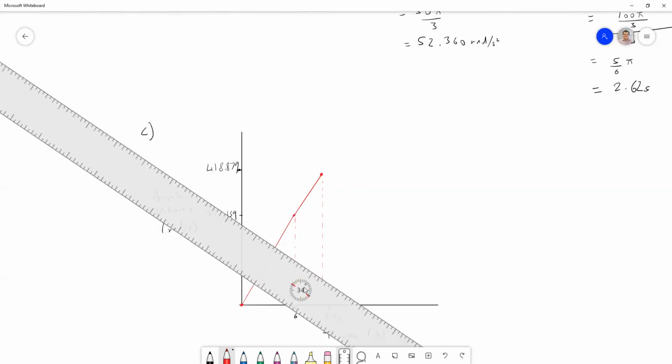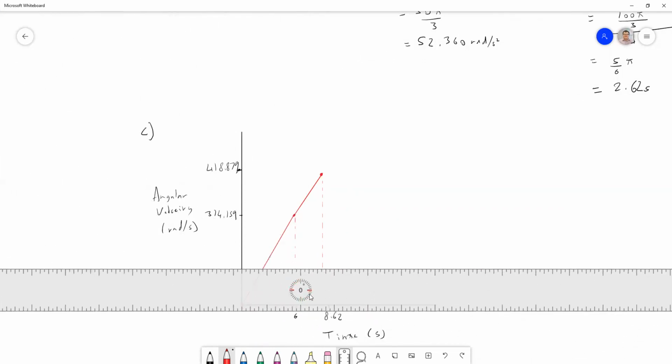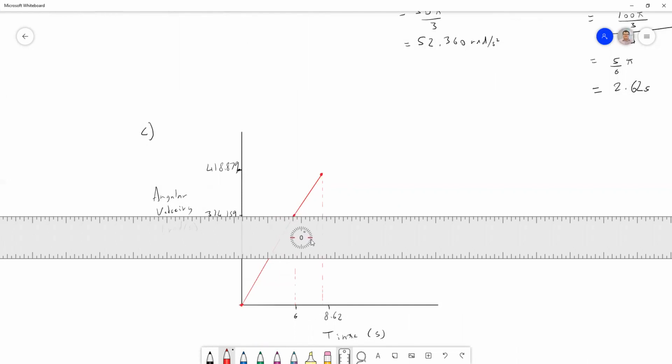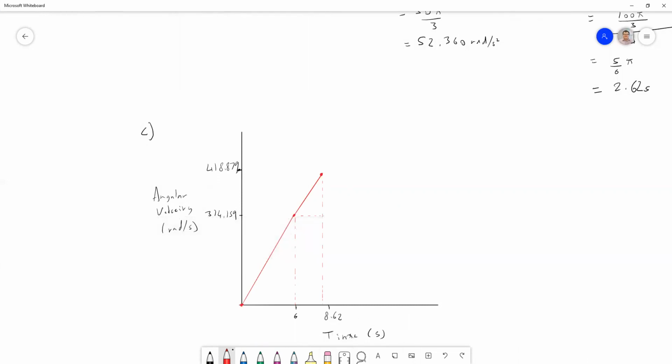The areas are going to calculate to give us the angular displacement travelled in radians. I'll just tidy up a wee bit under my graph to actually say 8.62 is there. As I said, this is not an accurate scale, it's a sketch representing what's going on. And we have three areas, and we can label them.